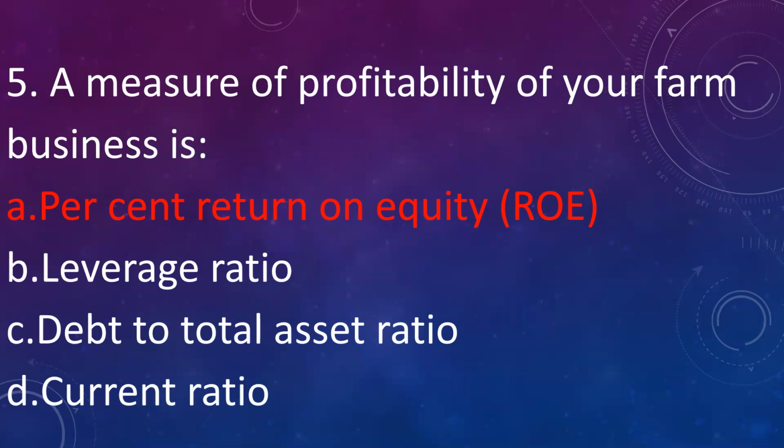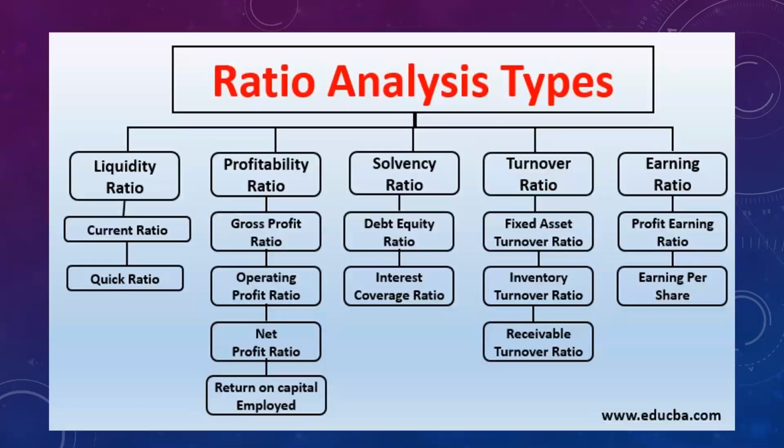Now we have different financial ratios that can be classified into categories. First one is liquidity ratio, under which we have current ratio and quick ratio. Then second category is profitability ratio. In that we have gross profit ratio, operating profit ratio, net profit ratio, return on capital employed. Under solvency we have debt equity ratio, interest coverage ratio.